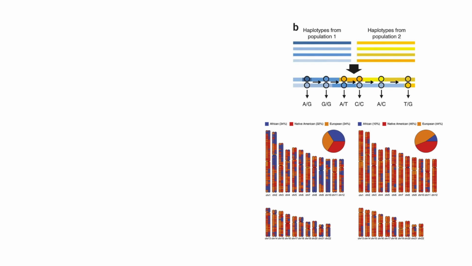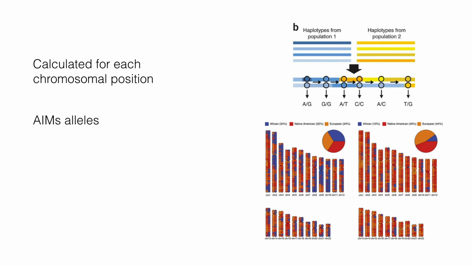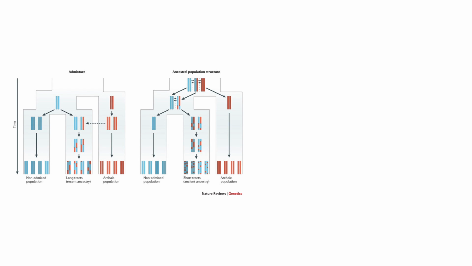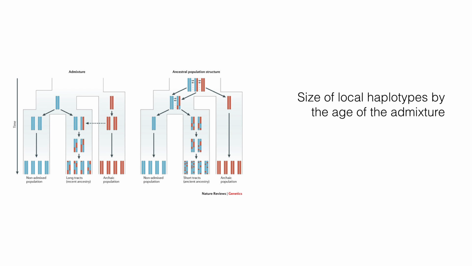Admixture estimates can also be calculated for each chromosomal position based on the AIM. In a technique called chromosomal painting, alleles representing ancestral haplotypes are assigned ancestry based on the chromosomal location. Another interesting consequence of recombination is that fragment size can indicate the age of admixture.